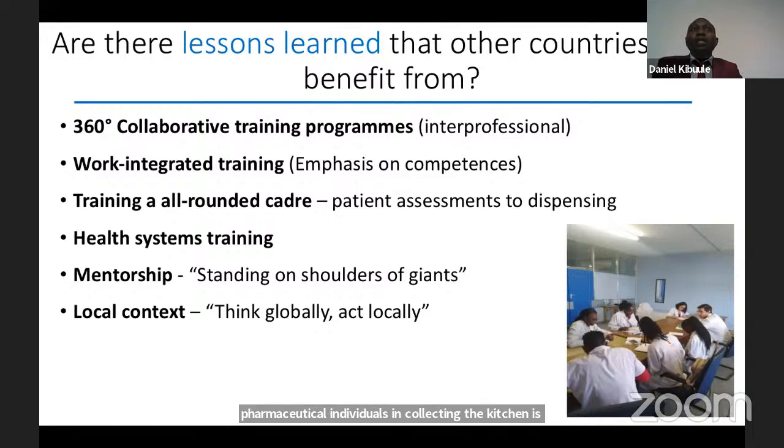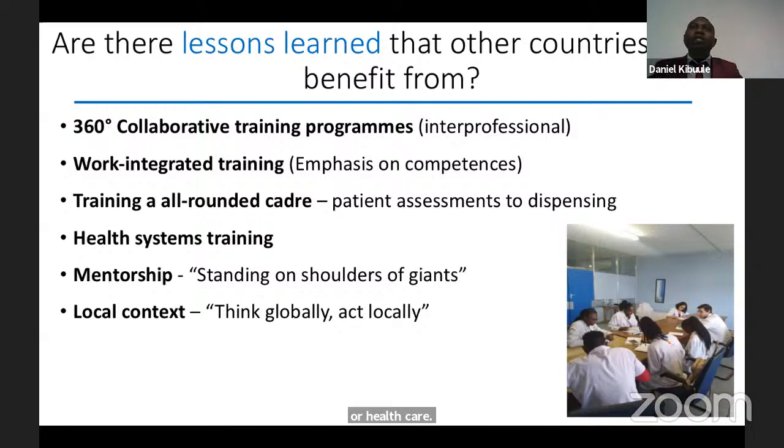Then our idea really is to train an all-rounded cadre who is able to participate from making assessment of the patients. Whether they find themselves in the community setting, they can make a physical assessment of the patient and decide whether they need to refer the patient to secondary health care or even tertiary health care.